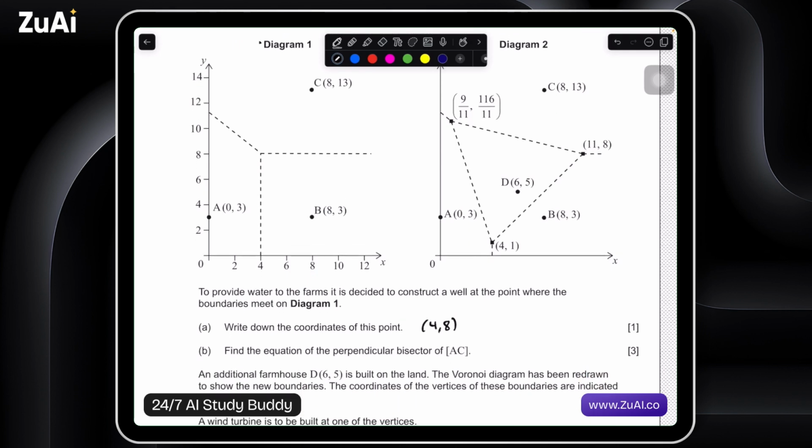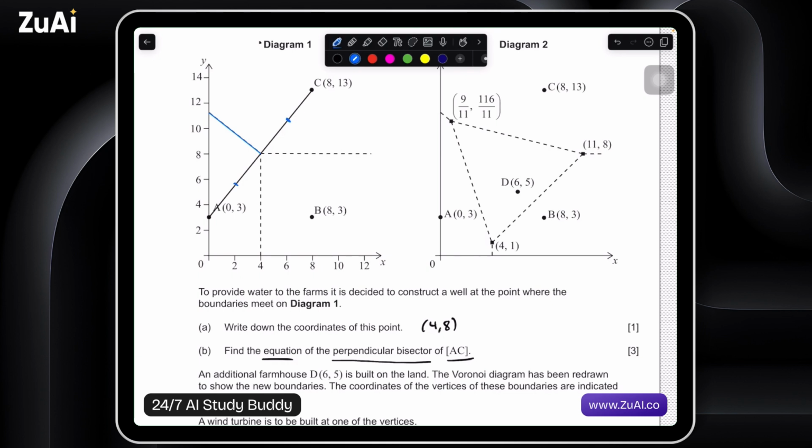Alright, find the equation of the perpendicular bisector of AC. Perpendicular bisector means that if we have some line connecting AC, we are looking for the line that is perpendicular and that cuts this exactly into halves.